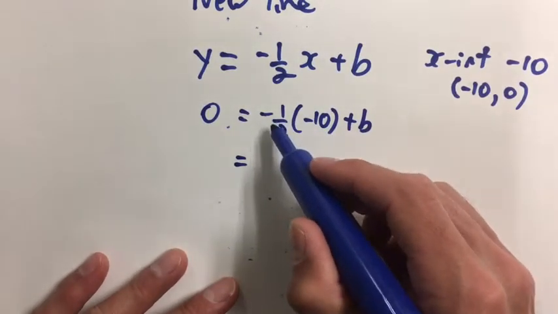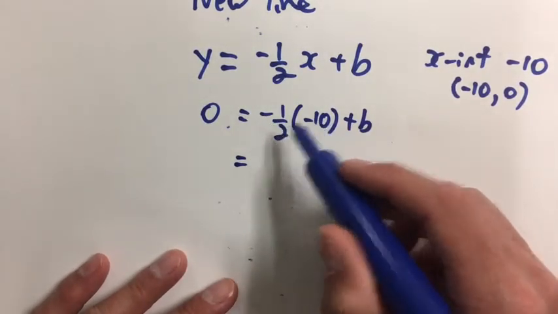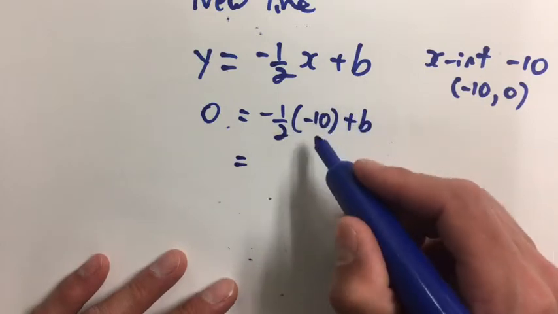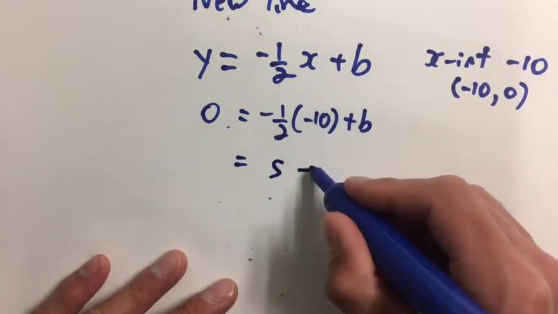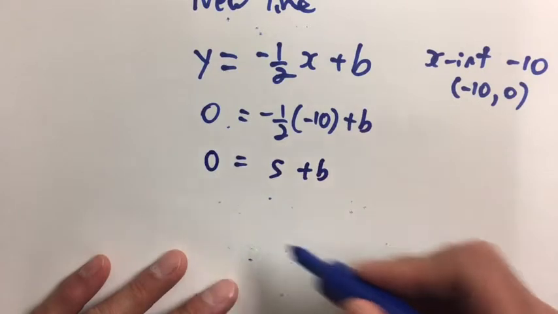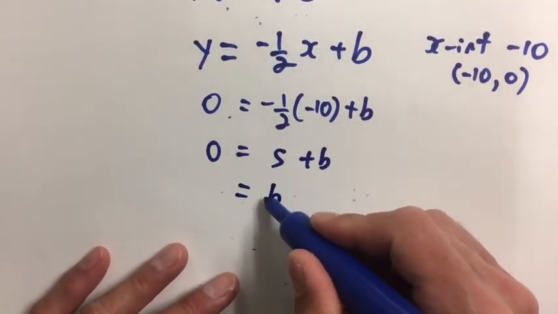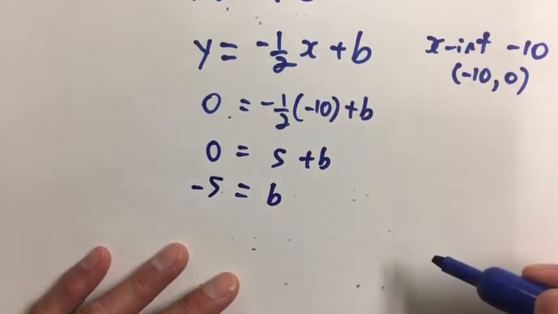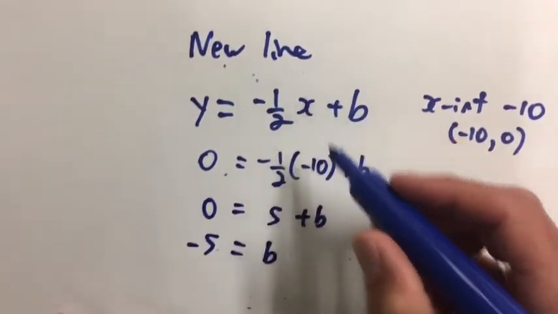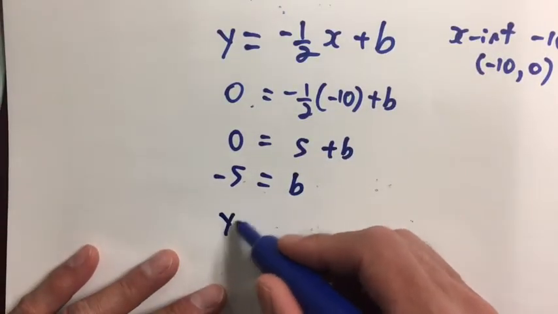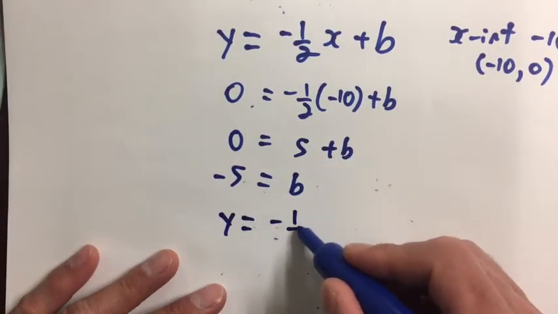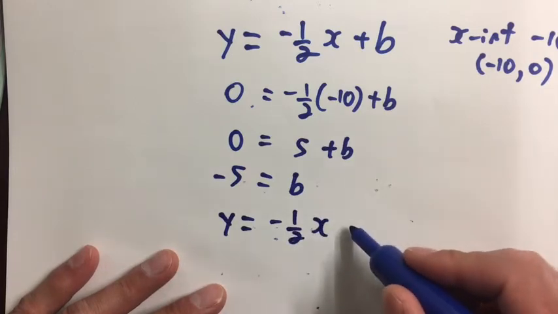Here I've got negative 1/2 times negative 10. Negative times negative is positive, and 1/2 times 10 is 5. So I got a positive 5 plus b is equal to 0. Or rearranging that, b is equal to -5, which makes the equation of my new line y equals -1/2 x minus 5.